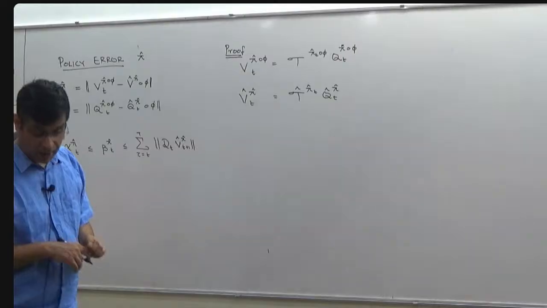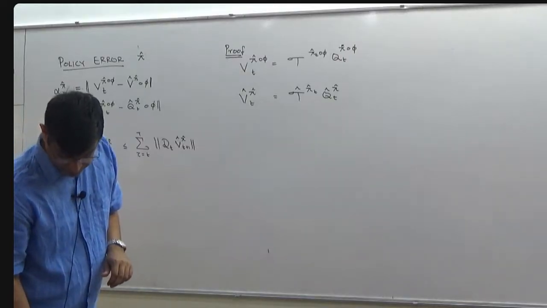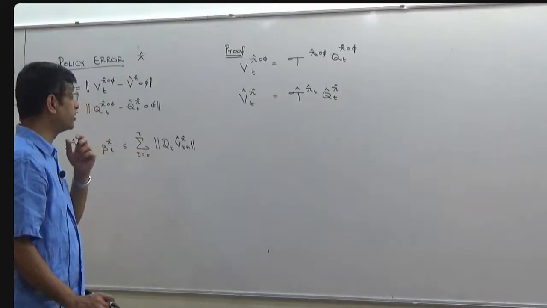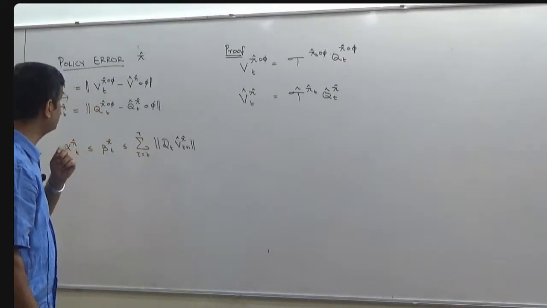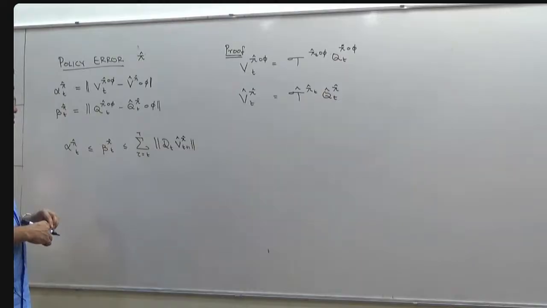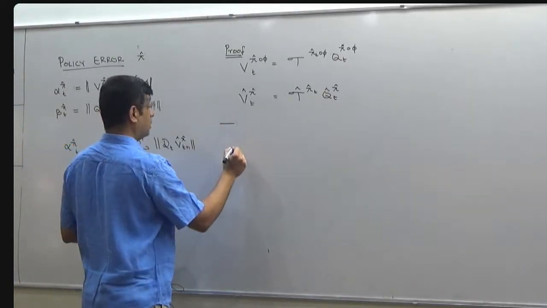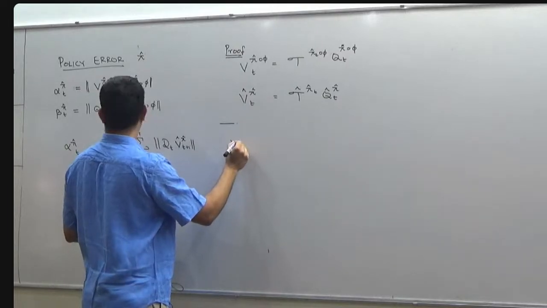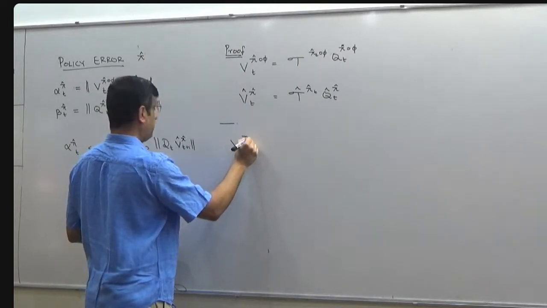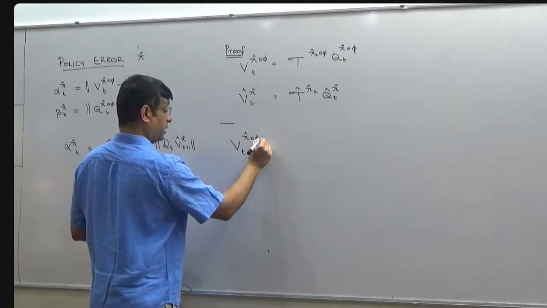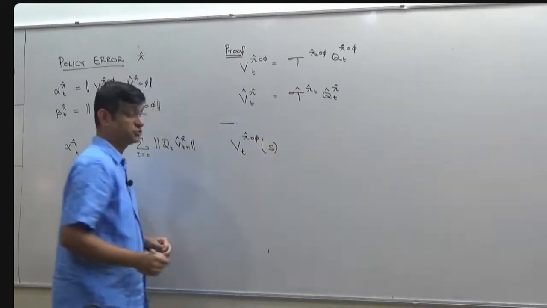What is going to happen here is something interesting, and it helps if I write this down explicitly. Let me write down V t pi hat composed with phi evaluated at some point s.